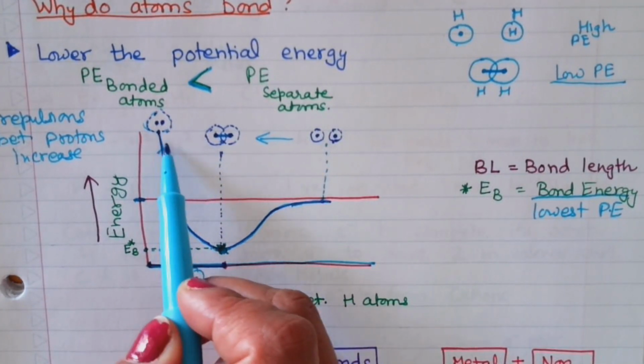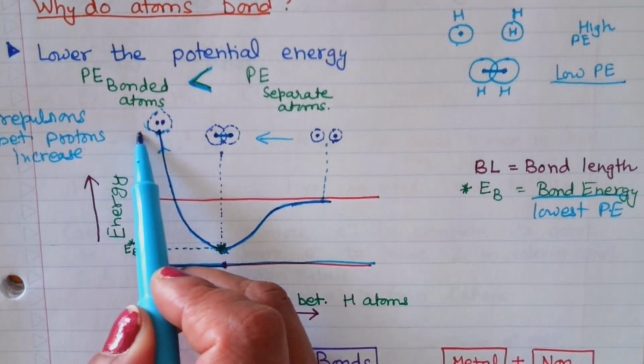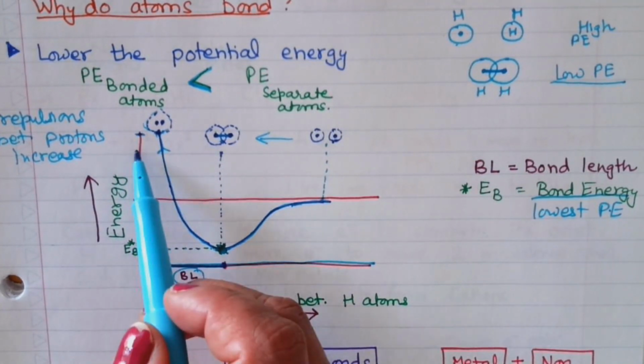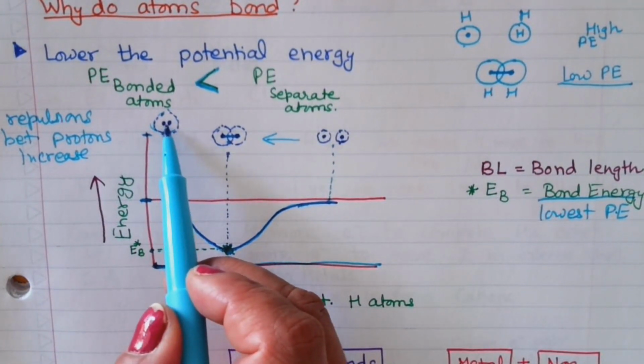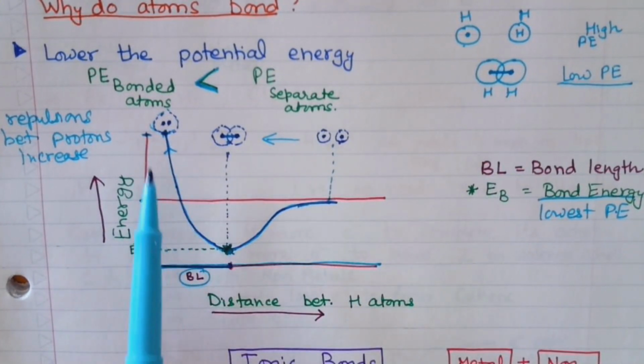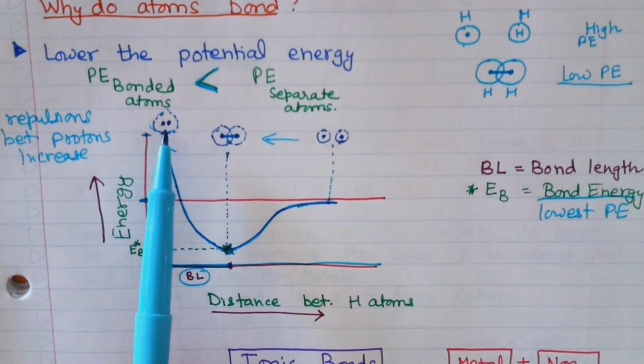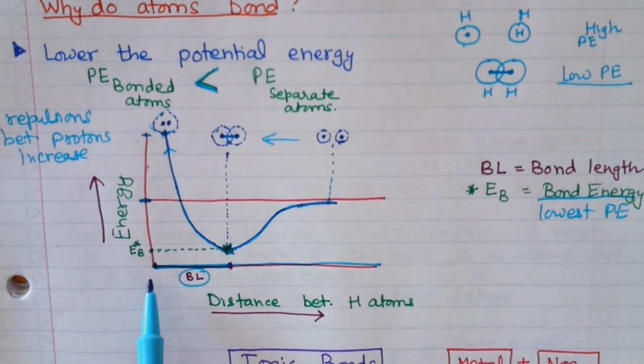So this is the highest potential energy. You can see this is the highest potential energy because there are so many repulsions. The two nuclei being positively charged are going to repel each other. So the repulsions increase, that makes the atoms unstable, and hence the potential energy increases.